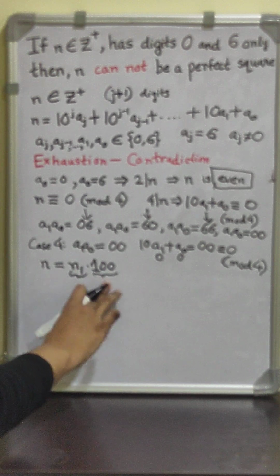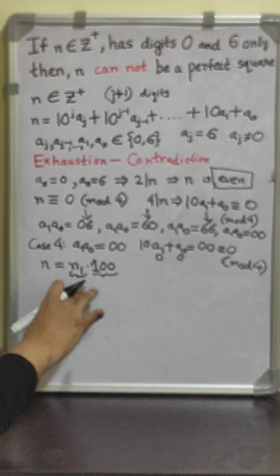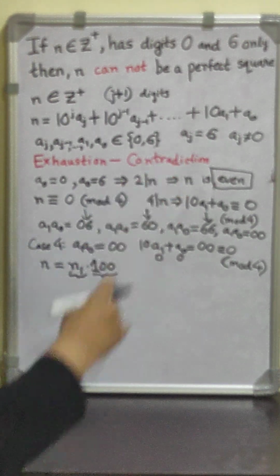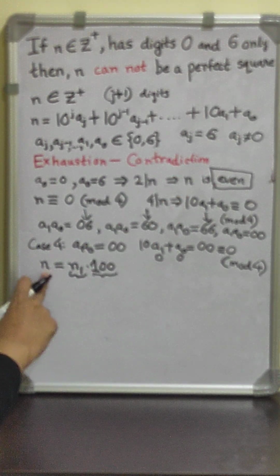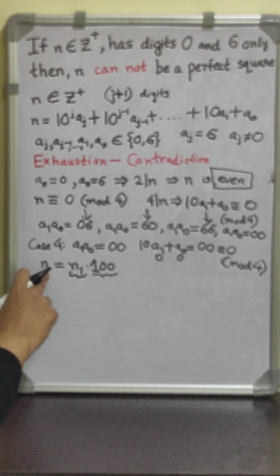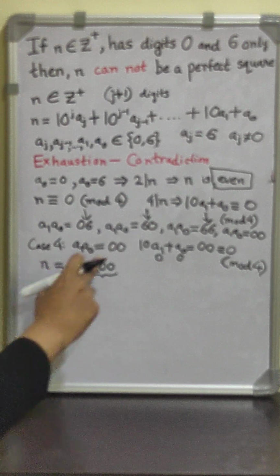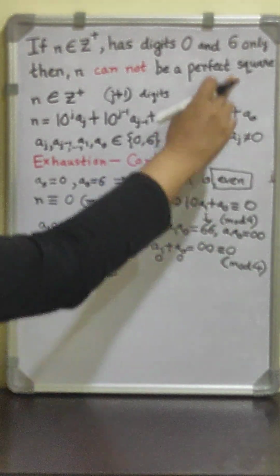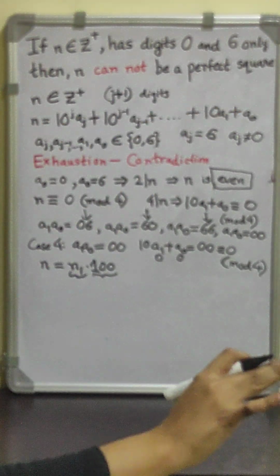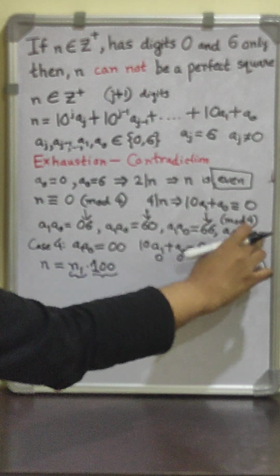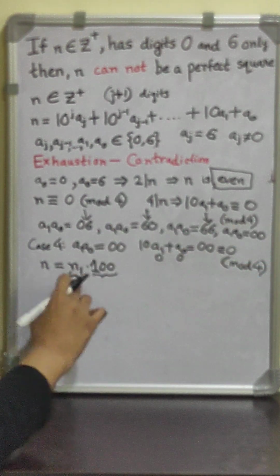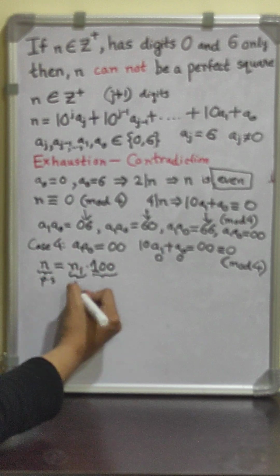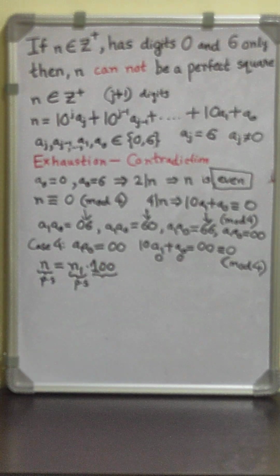If 100 is a perfect square and n is a perfect square, n1 has to be a perfect square. So I can contradict that. If n is a perfect square that ends with the last two zeros, this case, because all the other cases cannot be a perfect square and we are done with that. But if the last two digits of n are 0, I can write it in this form, then for n to be a perfect square, n1 has to be a perfect square.